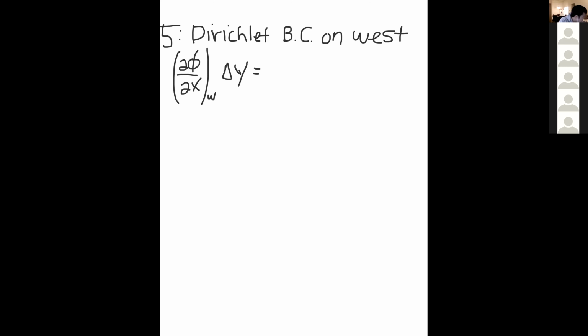So just like we did with the example earlier, we're going to replace it with phi c minus phi naught all over delta x divided by 2. And remember, we divide by 2 because there's only a half distance between the cell center and the west boundary. Then if we plug that in, we get basically the same expression as before.